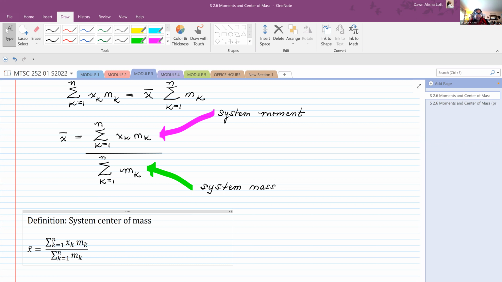So there we go. The center of mass is just: sum up xk mk and then divide by the sum of mk. So, a quick example.